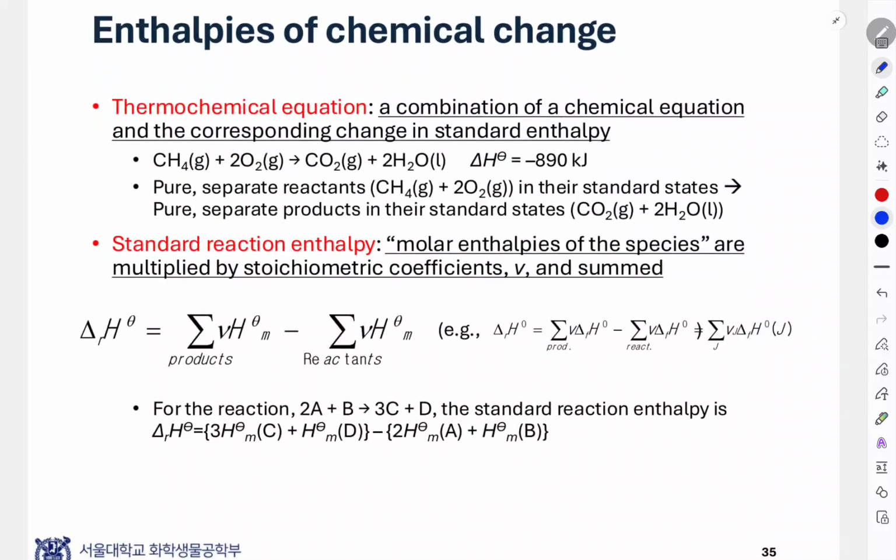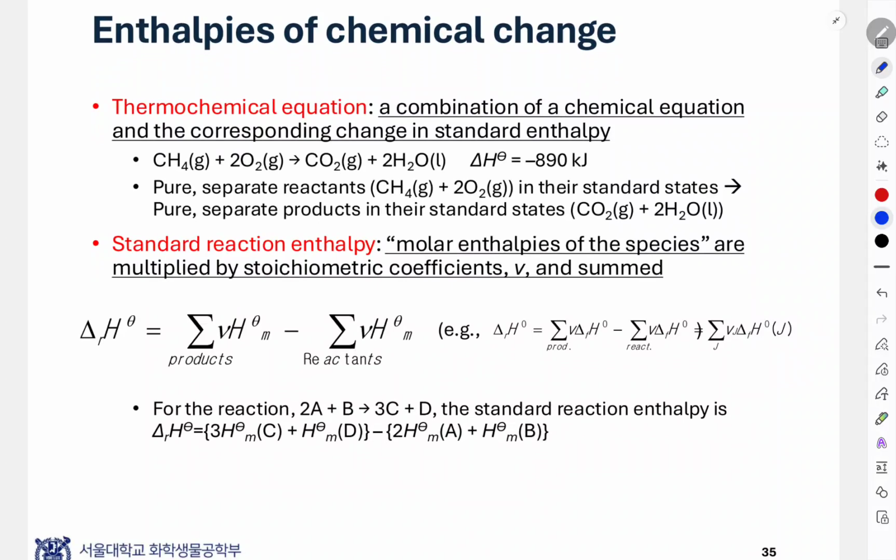There are two ways of reporting the change in enthalpy that accompanies a chemical reaction. One is a thermochemical equation, and the other is the standard reaction enthalpy. So let's check the first one.